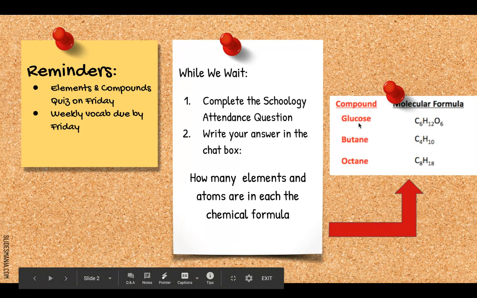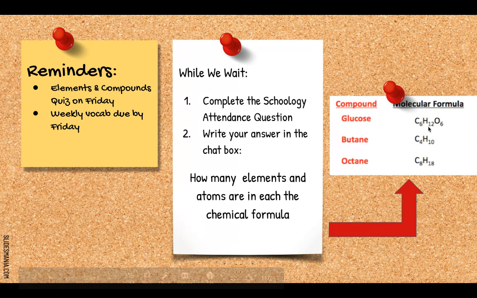I have my compound glucose. This is my chemical formula for glucose. You need to tell me how many elements are in this formula and how many atoms are in each element for the formula. This is my compound butane. Here's my formula. And this is my compound octane, and there's my formula as well.